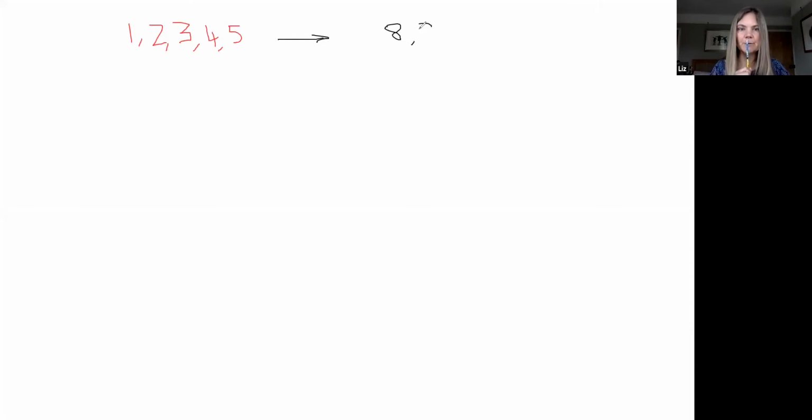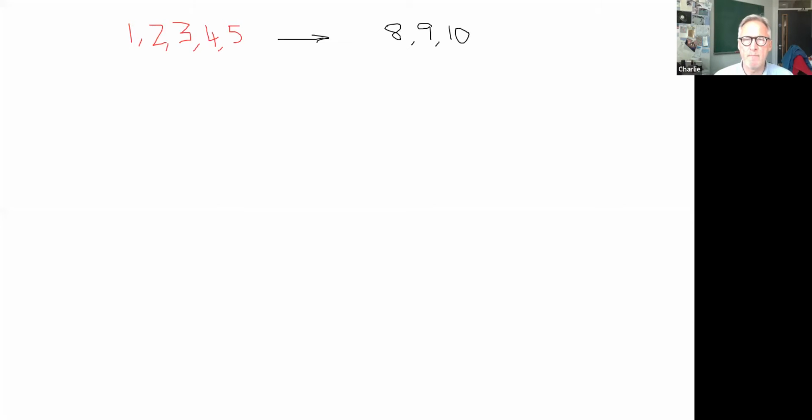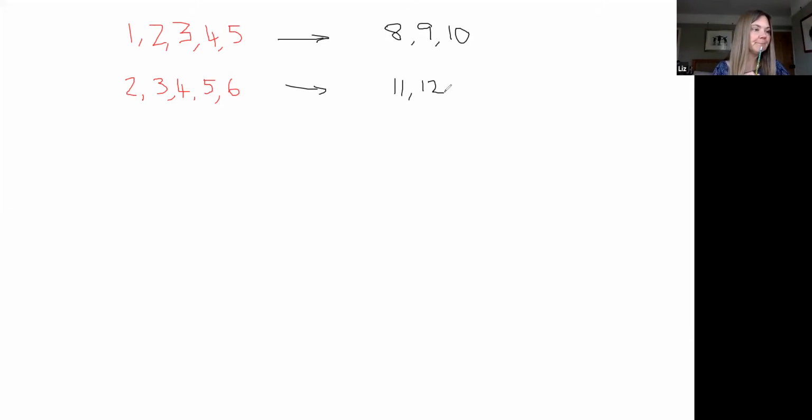That's what we found. And when we had the numbers 2, 3, 4, 5, and 6, the possible totals were, did you say 11, 12, and 13? I did. Yeah, it was 11, 12, and 13.